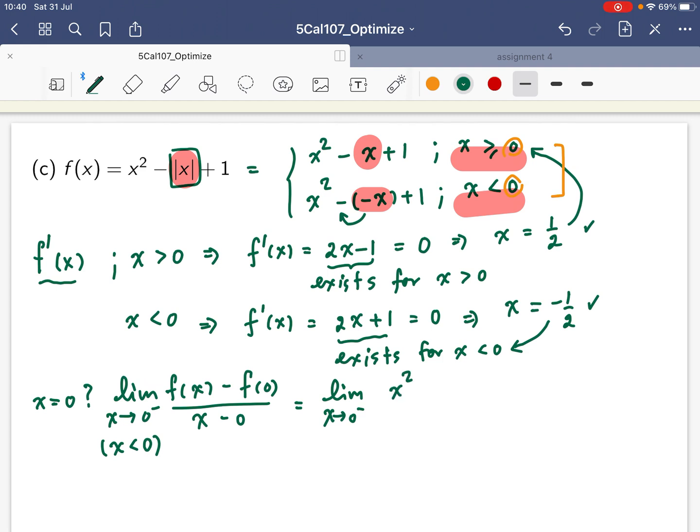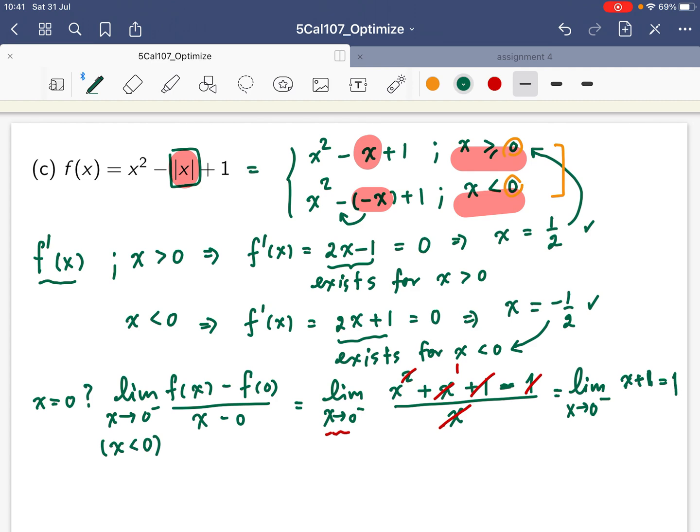So we are going to use the lower formula, which is the positive one. And then minus f at 0. F at 0 is 1, right, over x minus 0, which is x. So the 1 and the 1 cancel, and because your x is negative, this one cancels as well. So you end up with the limit as your x goes to 0 from the left of x plus 1, which is 1.